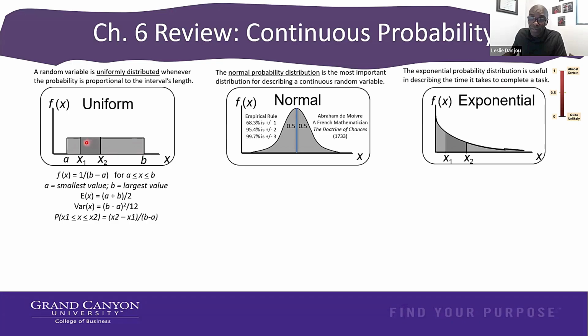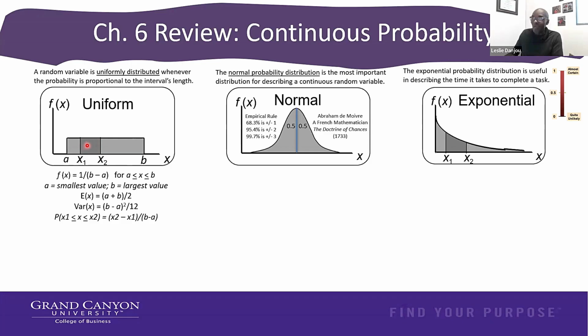How would you calculate the probabilities up in here? It is the range of the small box, X2, let's say that was 6, minus 4, divided by the bigger box, 10 minus 2. That's how you will find the probabilities up in here.